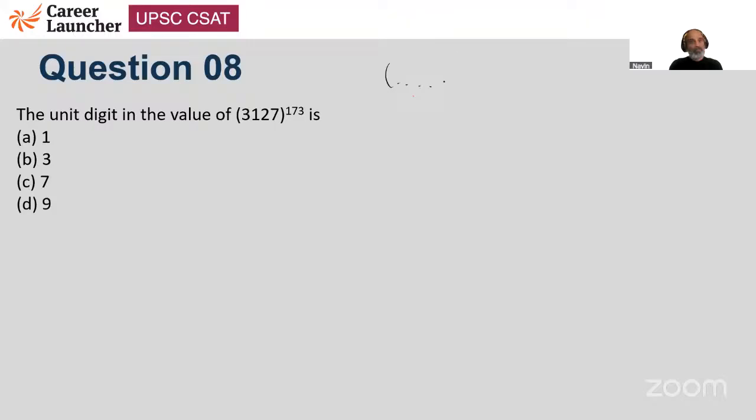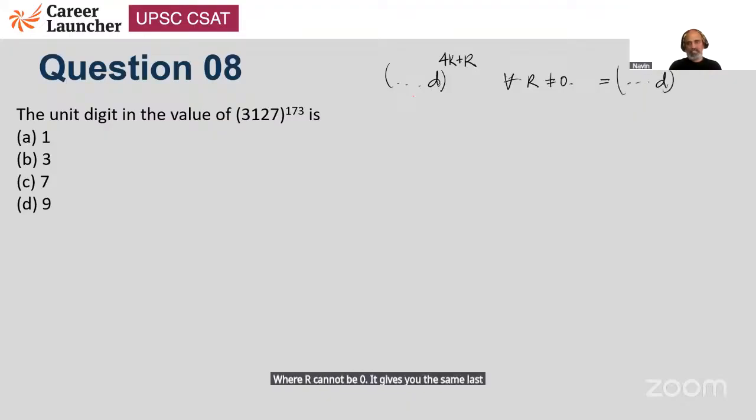If you have a number with a digit d at the units place and a power of the form 4k plus r, where r cannot be 0, it gives you the same last digit as if it is of the form d to the power r.